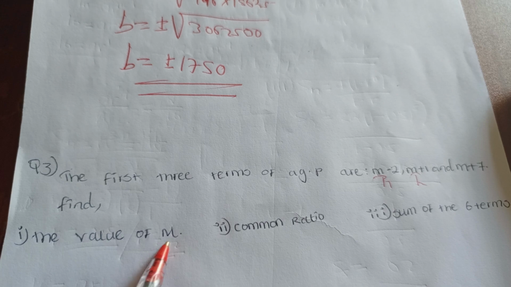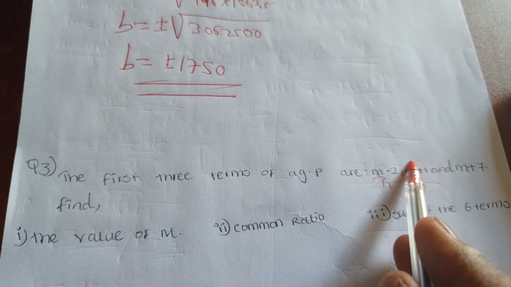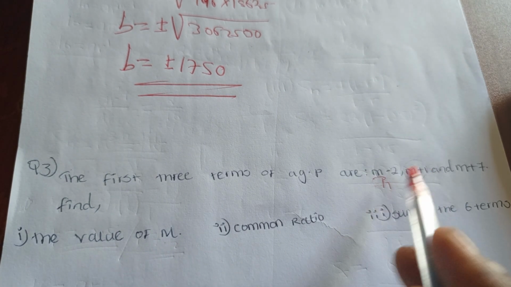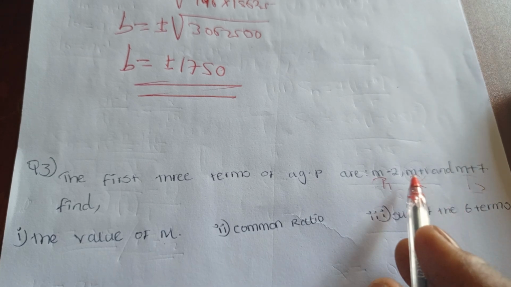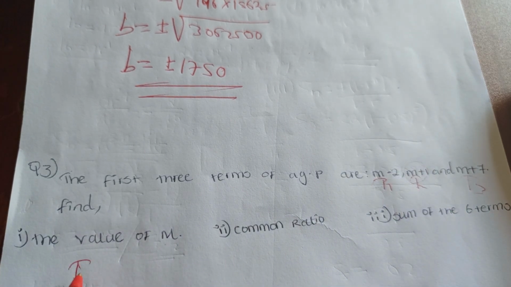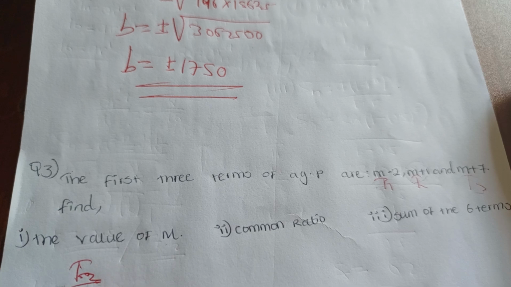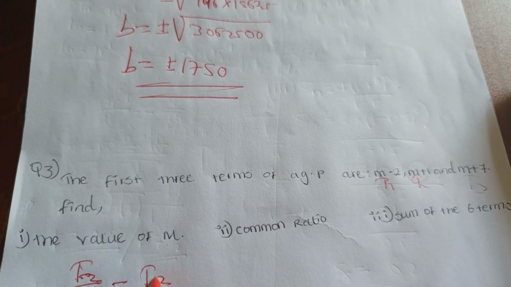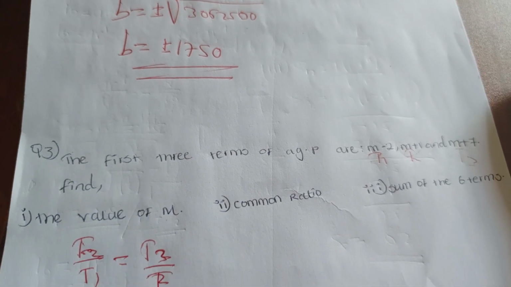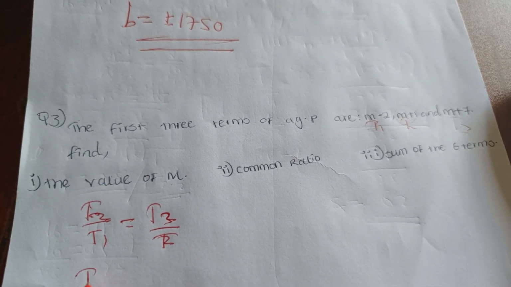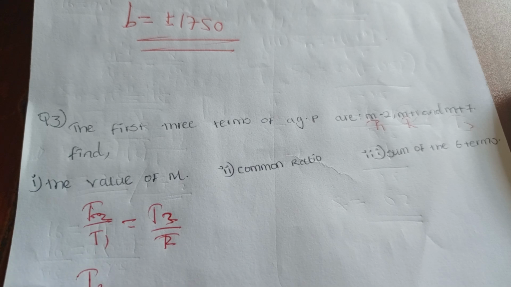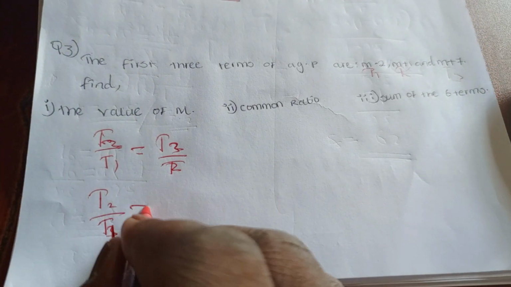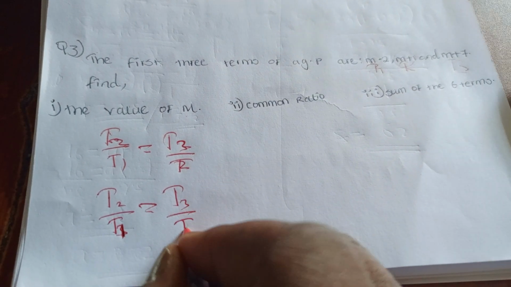So the way we are supposed to do it, you say this part over this part. This is our T3. So you say T2 over T1 is equal to T3 over T2.